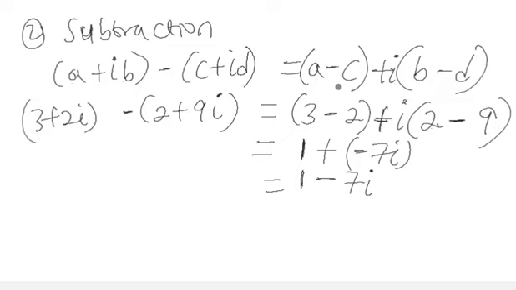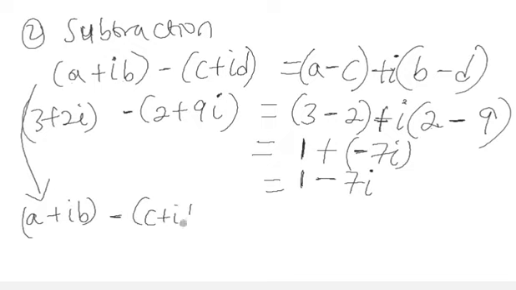So in case you're not able to get this, we can expand it so that you can see how we came about this. So let's expand this. a plus ib, let's bring it down: a plus ib minus c plus id. We're going to expand this now. If you open the bracket, a plus ib, this one gives minus c, then subtraction multiplied by addition gives you minus id.